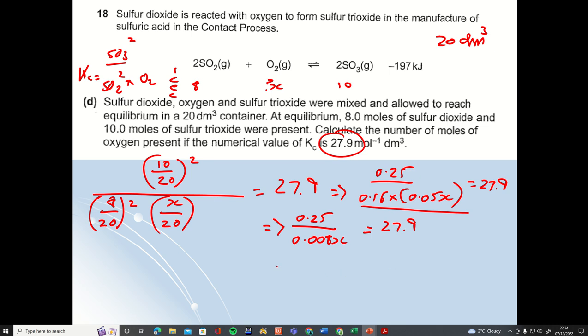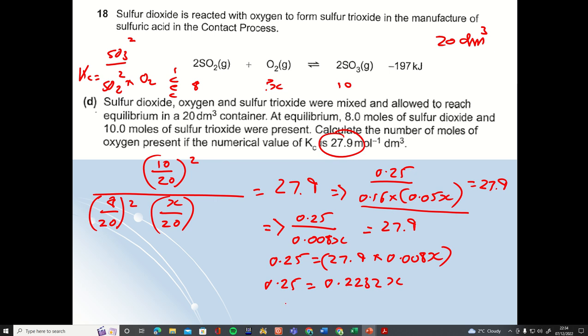So I have 0.25 times 1 is 0.25, which is equal to my 27.9 multiplied by my 0.008x. We're nearly there. My 0.25 is therefore equal to, just solving the brackets above, 0.2232x.